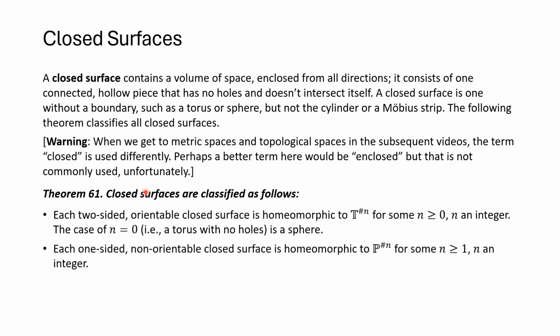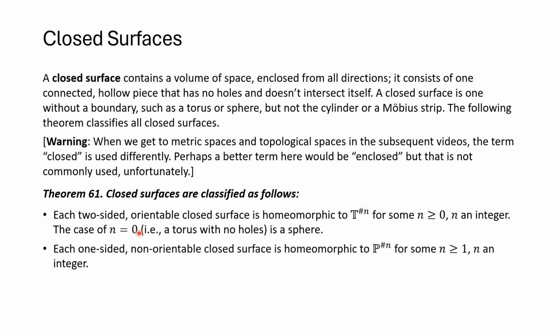So we have a theorem here. Closed surfaces are classified as follows. Each two-sided orientable closed surface is homeomorphic to n toruses connected together. So we've seen this notation before. It's just the notation T for torus and number n for the number of tori connected together.